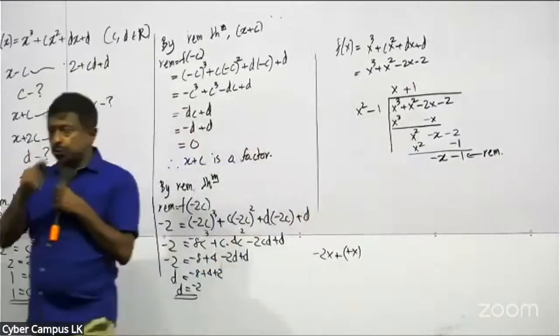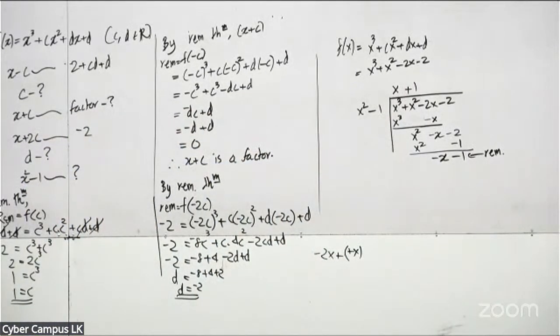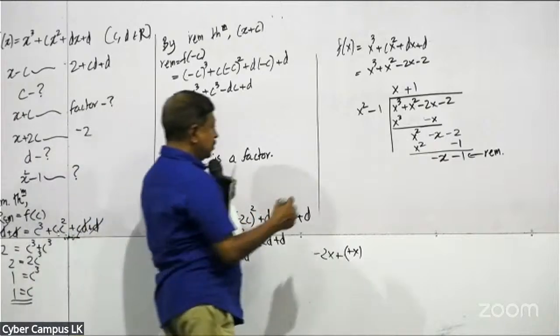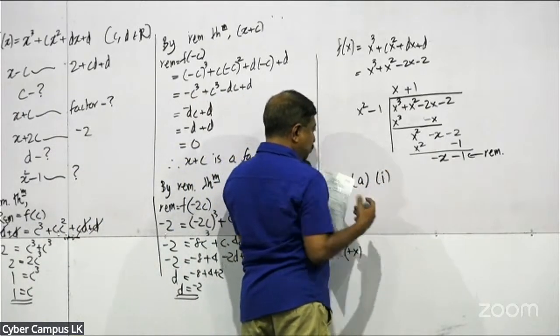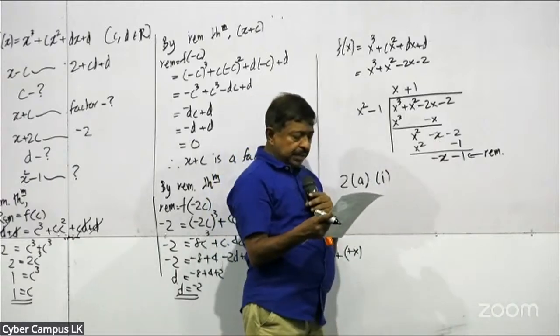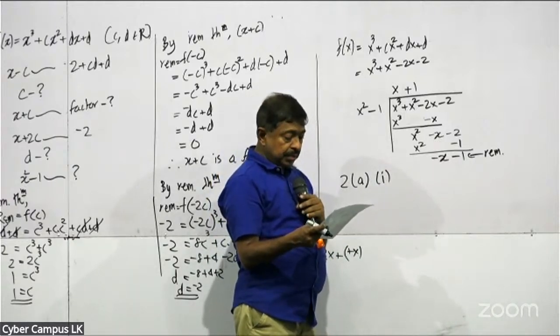Now we have to do two more parts. One inequality and one partial fraction. So part A, part 1, there are two parts. We have to solve this inequality.